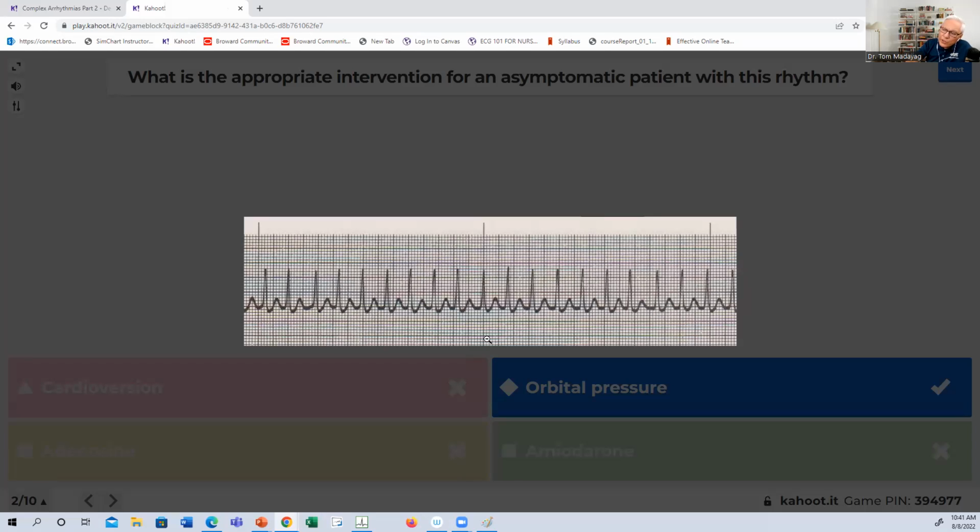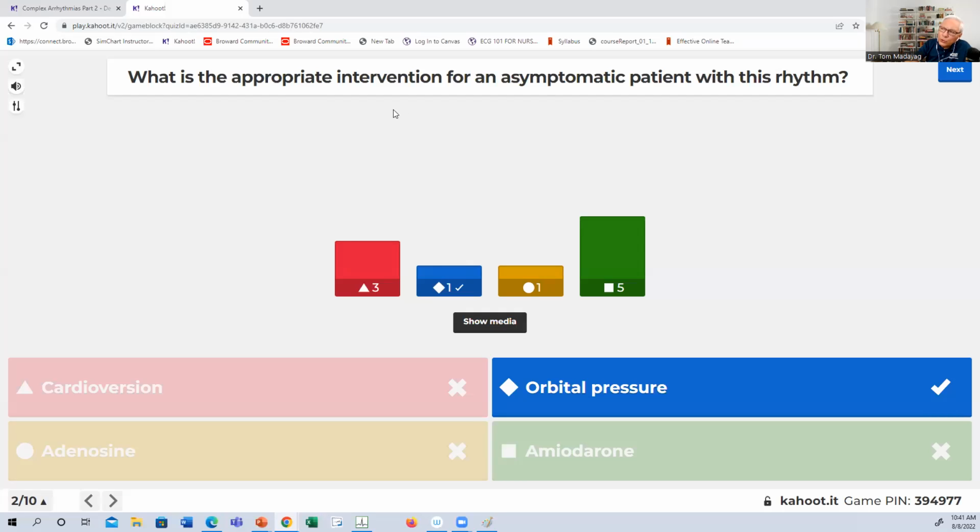So the question was, what would you do if the patient is asymptomatic? Well, we know that when patients are asymptomatic, we begin with non-interventional or non-invasive interventions first of all.